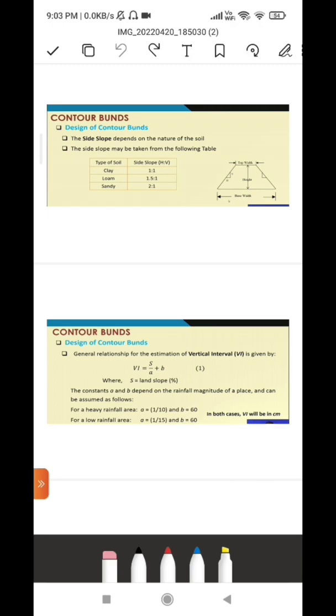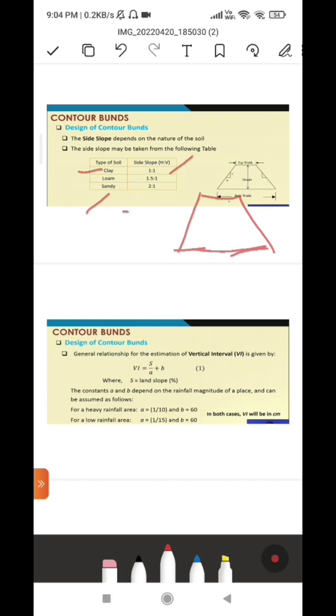As I mentioned earlier, if it is clay, then we can make the slope much steeper, because the soil aggregates can stay together better than sandy particles. So in sand, the trapezoid would have a much flatter shape.